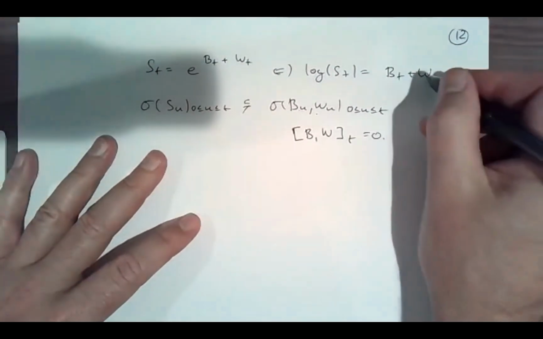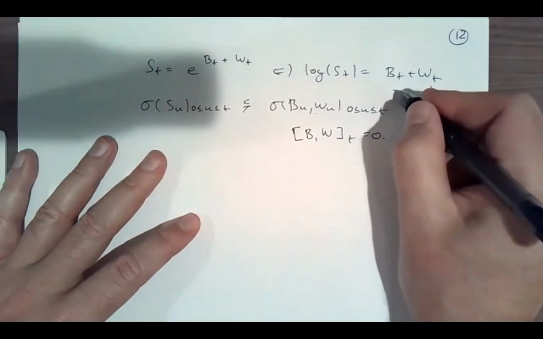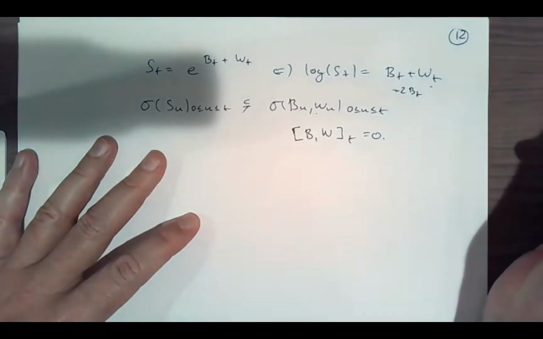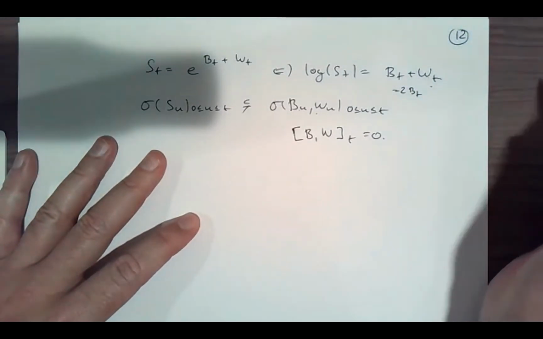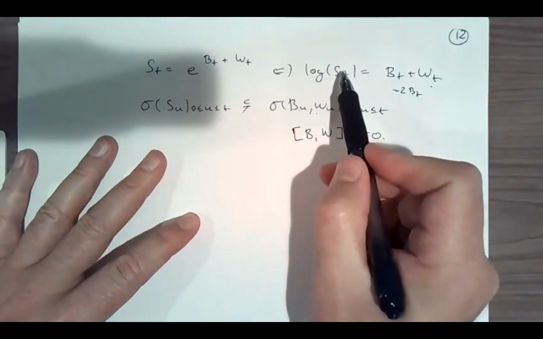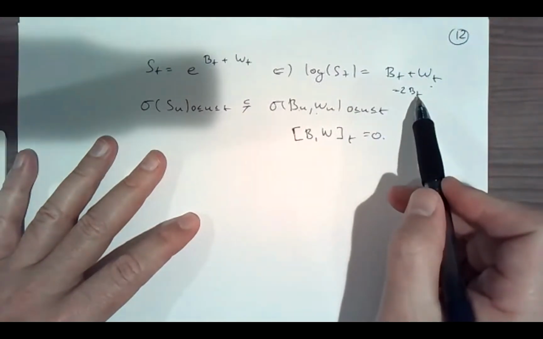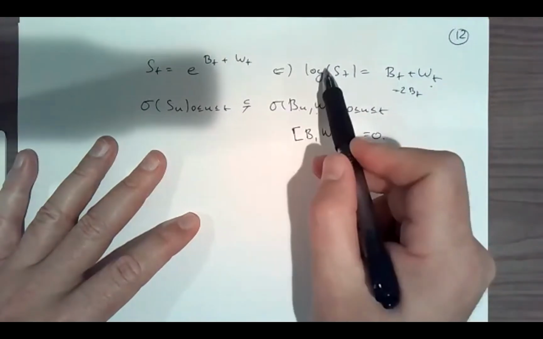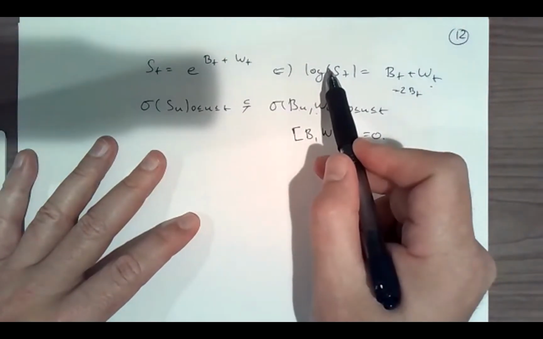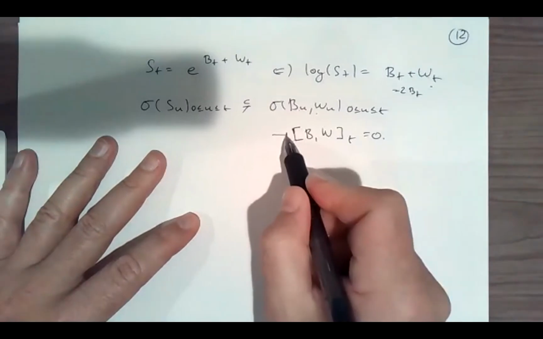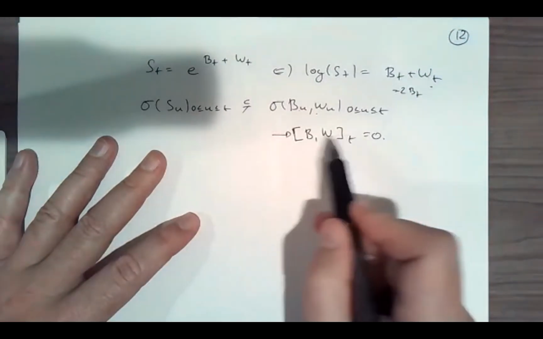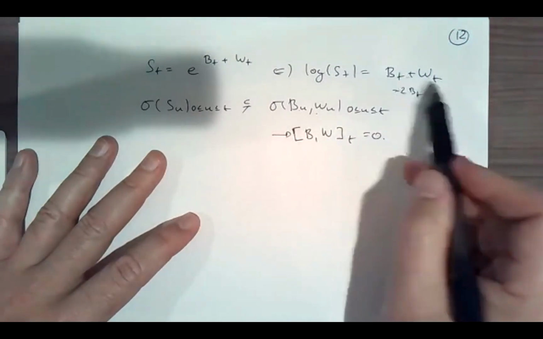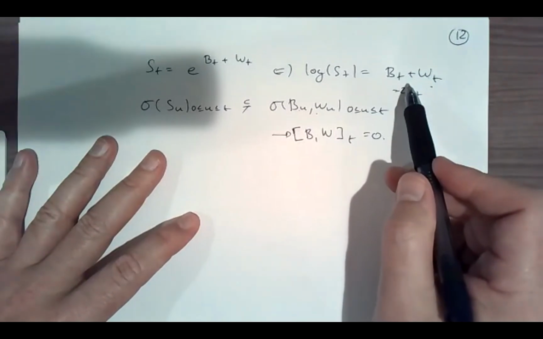If I take B to be W, then what I would get on the right-hand side would be 2BT. So if you tell me what log ST is, I can figure out what BT is. And if I tell you what BT is, of course, you can figure out what log ST is. But in the assignment, the two Brownian motions, you cannot have B and W be the same. They are independent.